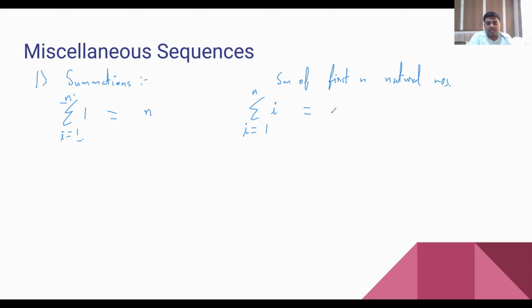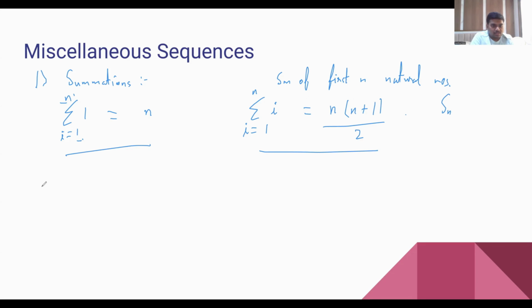So this can be given as n into n plus 1 divided by 2. And it can be derived by the Sn formula of the arithmetic progression. From this, you can get this.